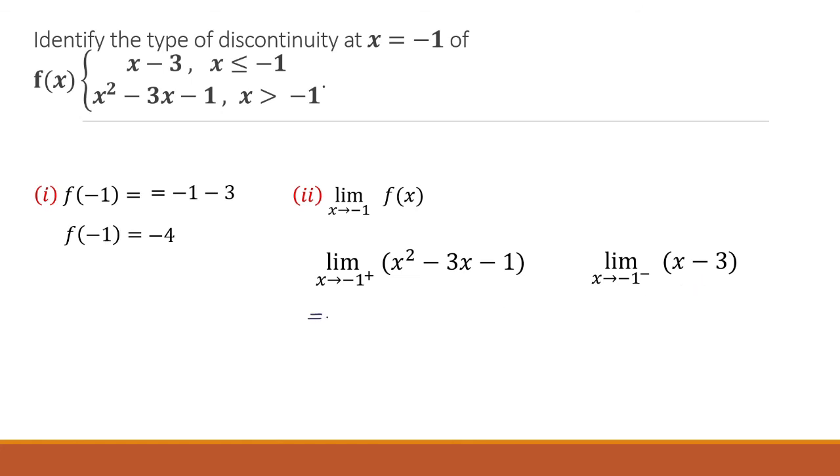By direct substitution, this would be negative 1 squared minus 3 times negative 1 minus 1. So this is 1 plus 3 minus 1, so we have 3. And for the left-hand side, this would be negative 1 minus 3, and that is negative 4.